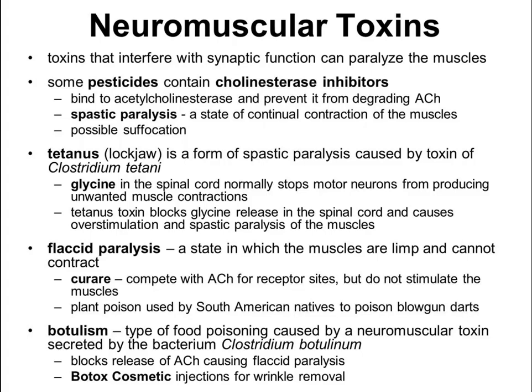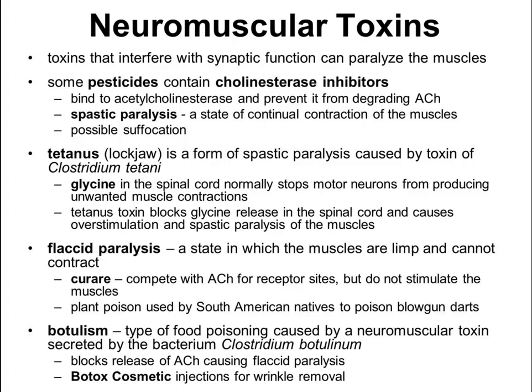You may have heard of something called tetanus or lockjaw, and that's kind of the same thing as what we're talking about. When these different toxins get in and block these receptors, it can cause our muscles to not work properly.